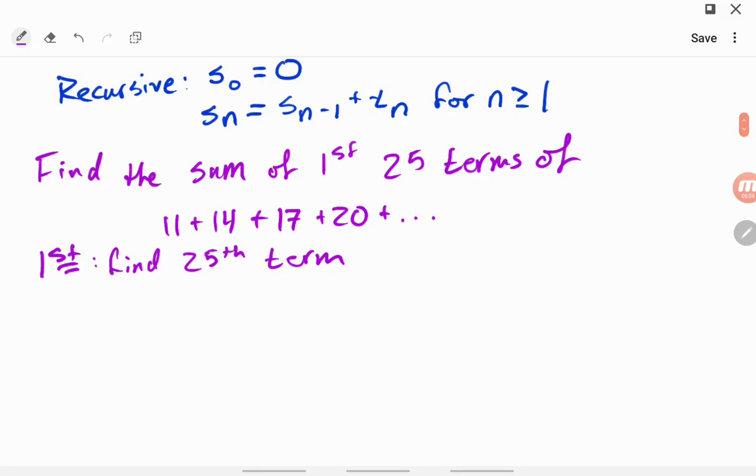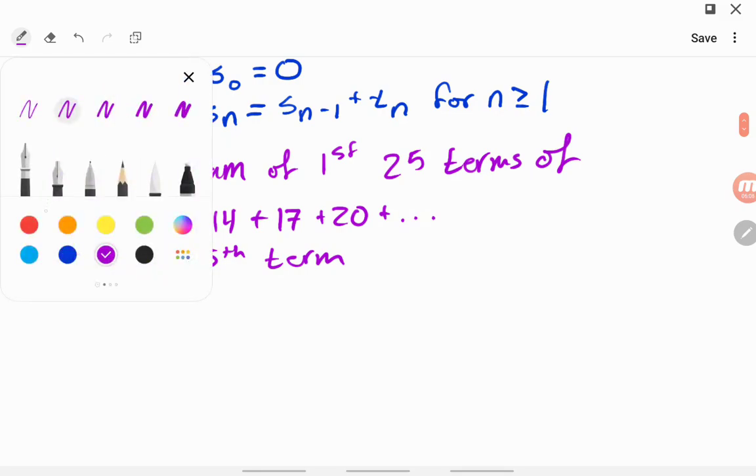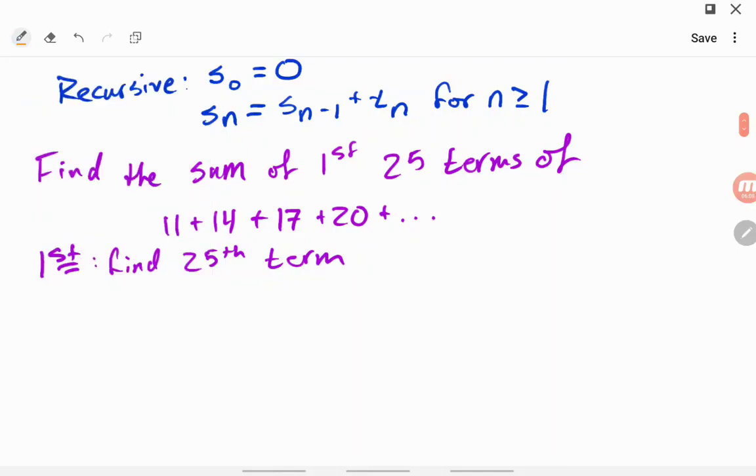The formula that we are going to be using, and I'll put this in orange, is S of n. The sum of any number of terms in a series is going to be equal to the number of terms I'm looking at, times the sum of my first term plus that nth term, divided by 2.